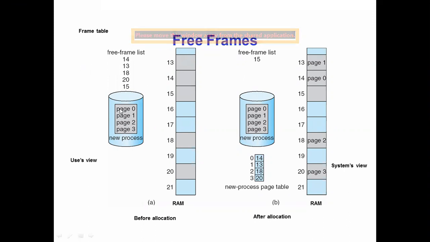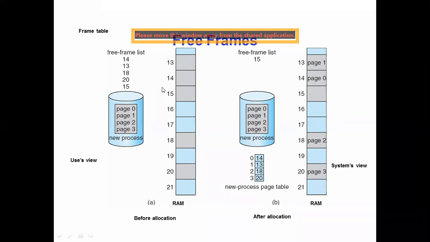Now you can see here, and again it is divided into page 0, 1, 2, 3. Here is a new process. It will depend on the size of the process, how much space is occupied by the new process. Accordingly, the operating system will divide it into the number of pages and also into the number of frames.